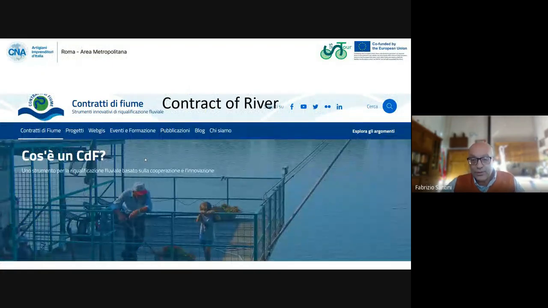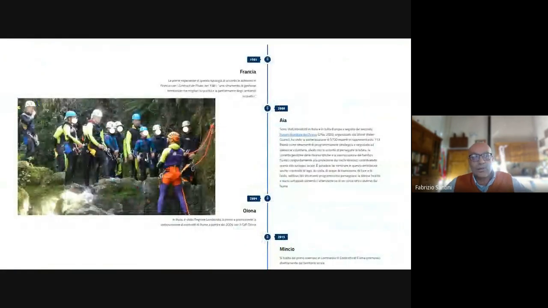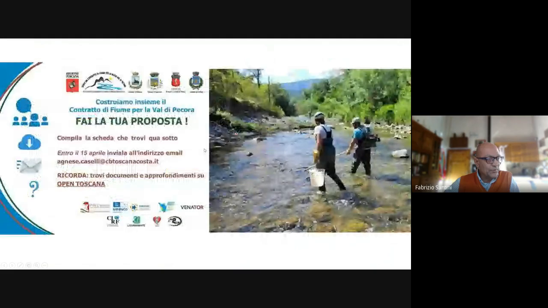The river contract is something that started in France in the 80s, but now in Italy is well used. It is a participatory process that puts together stakeholders of tourism, stakeholders of the municipalities and public administration, citizens, businessmen, and associations, to adopt sustainable actions also for tourism around rivers and fluvial basins.